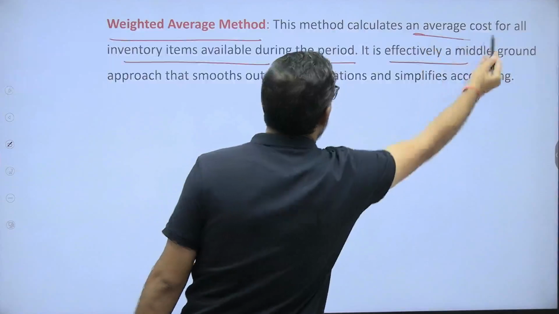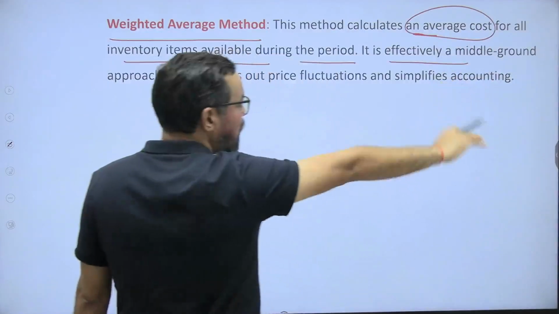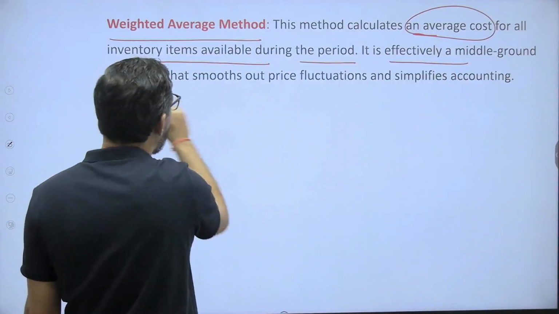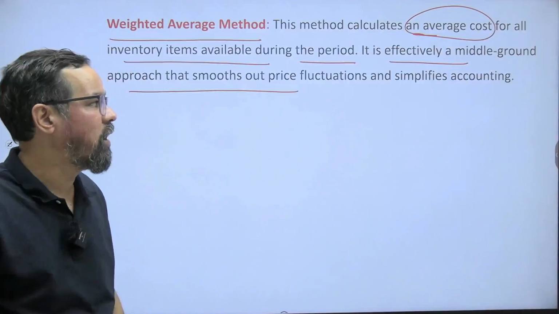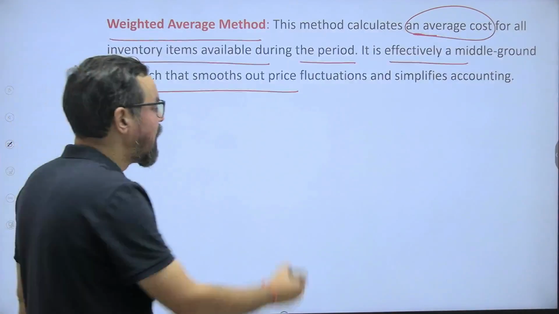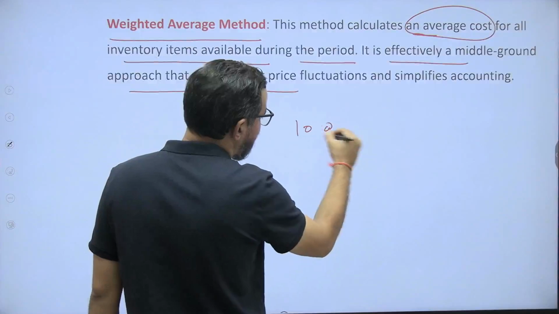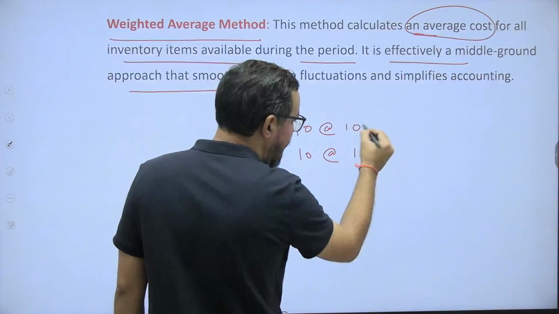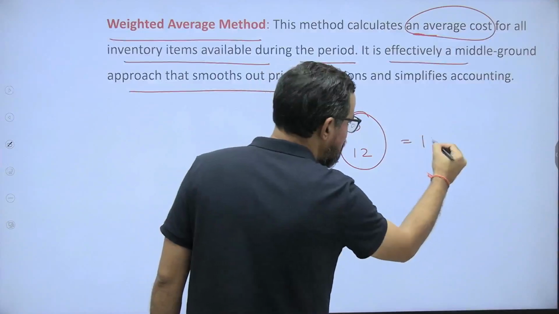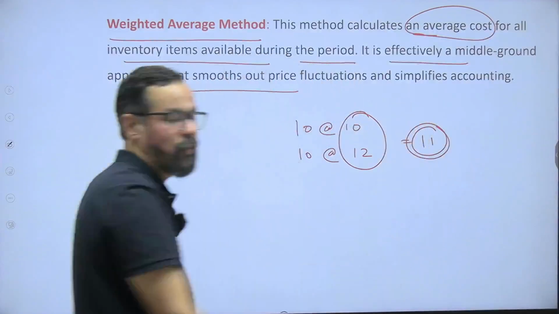Average cost is effectively a middle ground approach that smooths out price fluctuation and simplifies the accounting. That means like 10 units at 10 and 10 units at 12. So the average of this is 11. So that's why we are considering that particular one, right?